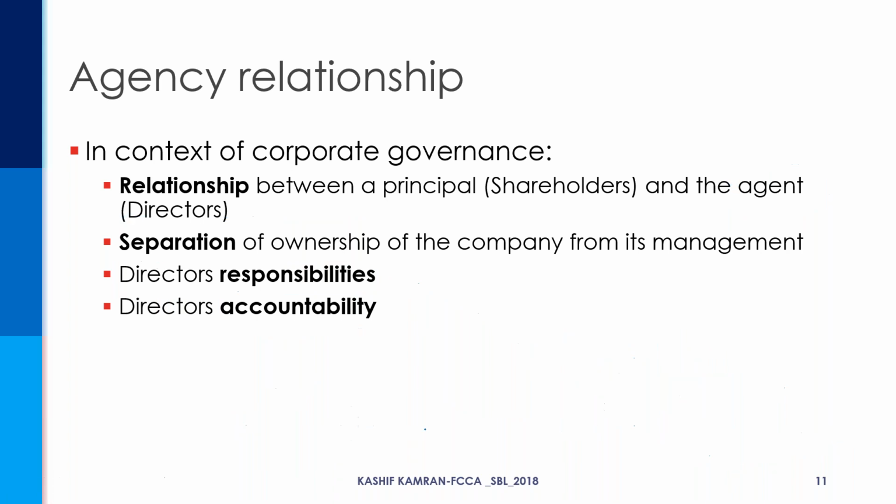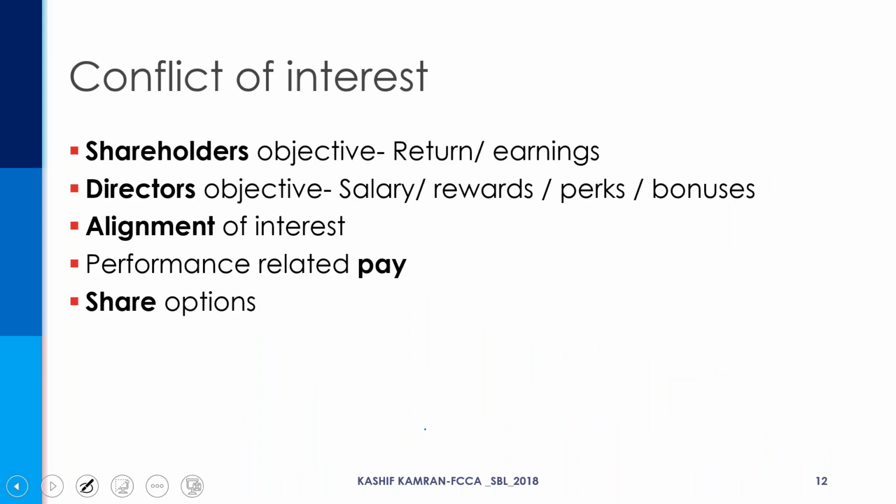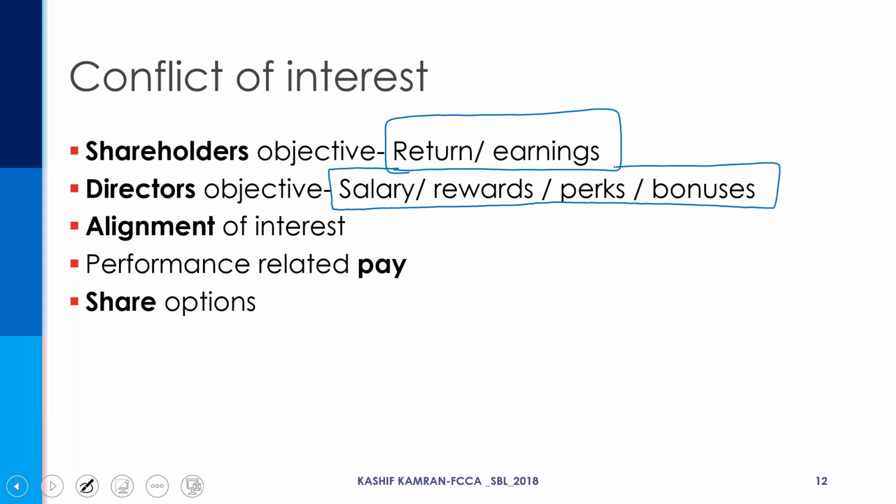Next, conflict of interest. There is a conflict of interest between the shareholder and the director. The shareholder wants the returns and earnings, the profit after tax. The director wants the salary, rewards, perks, bonuses.